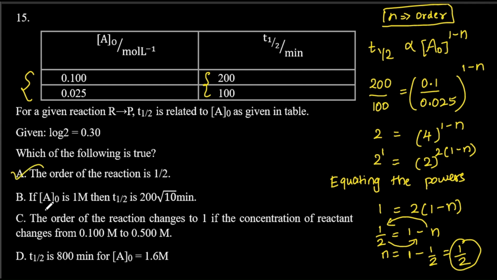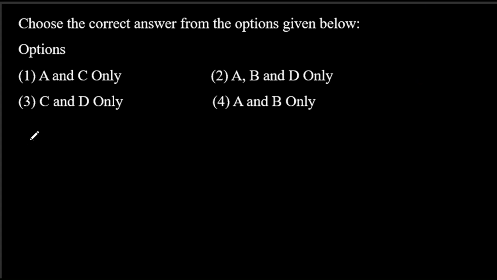Now the second option: if A naught is 1 M, then T half is 200 root of 10 minutes. So let us check that. You have to do it in the same manner. T half is proportional to the concentration A naught power 1 minus N. We got the N value 0.5. So let us see in the next page. If the concentration of A naught equals 1 M, then what is the T half value? We already have the table.